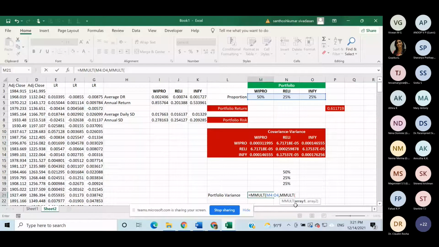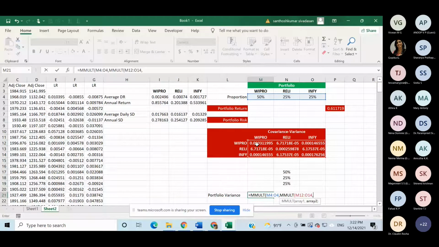So you are multiplying the first matrix with the product of another two matrix multiplication, that is this variance covariance matrix, comma, into the weight here, because there is a rule.